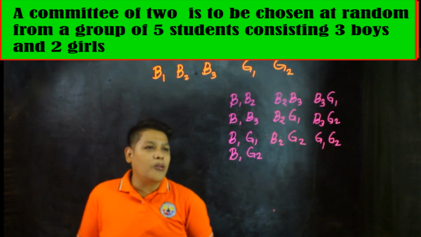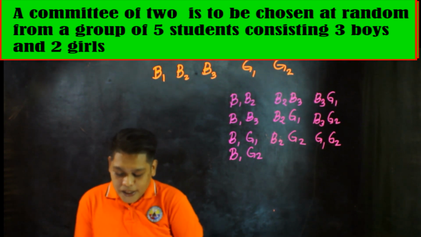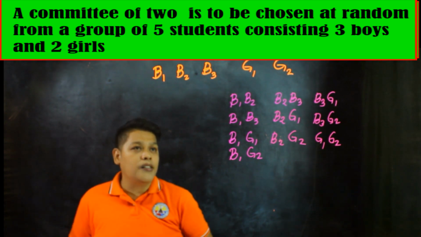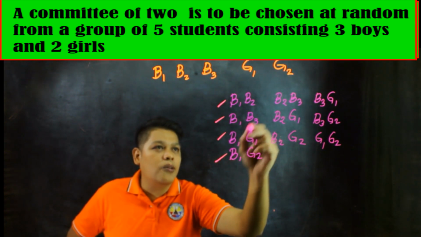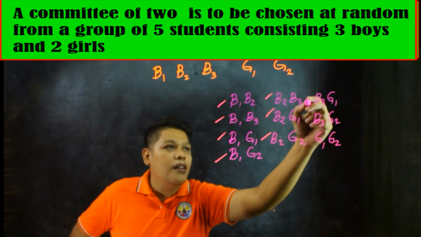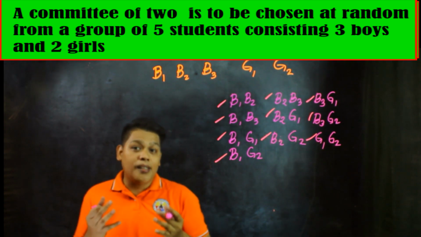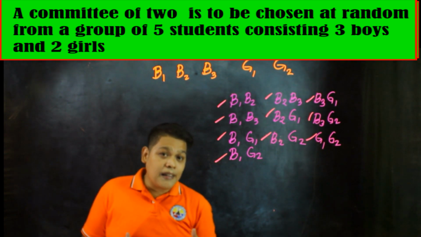So how many outcomes do we have? We count 1, 2, 3, 4, 5, 6, 7, 8, 9, 10. So the sample space is 10.